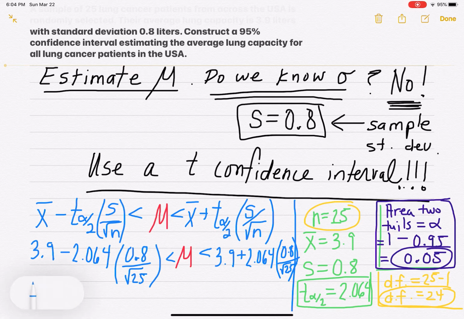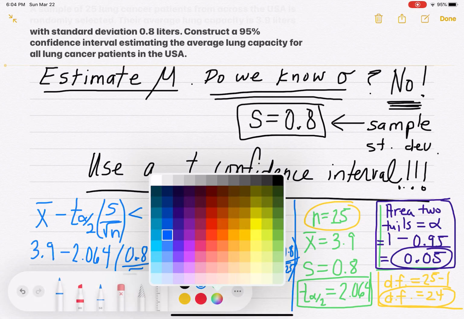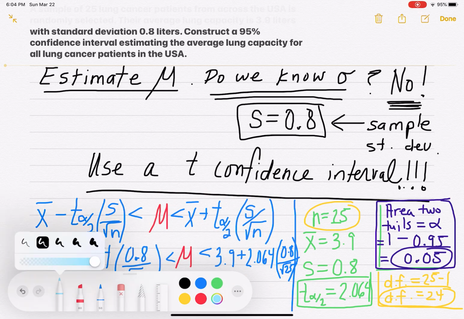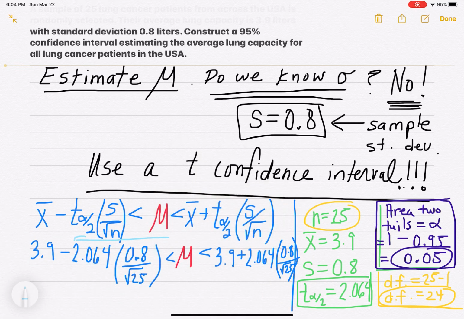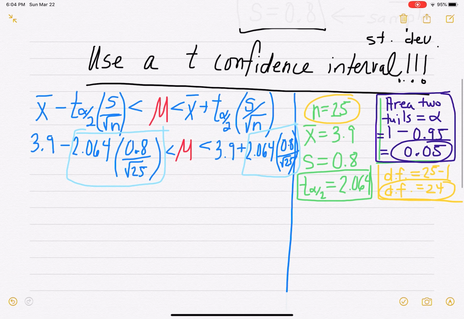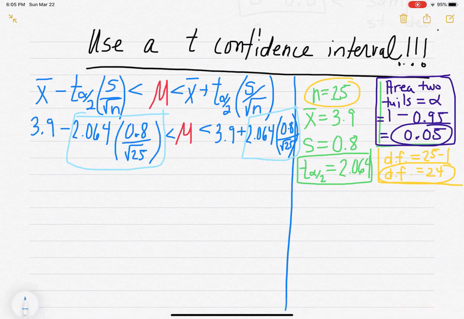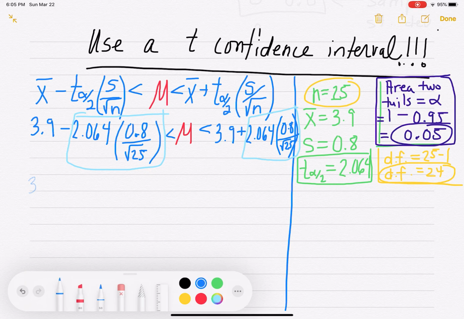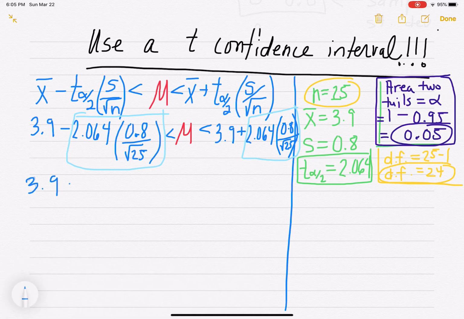So what we're going to do is calculate this right here in this baby blue box. We're going to leave the 3.9s alone. So I'm going to have a 3.9 minus.